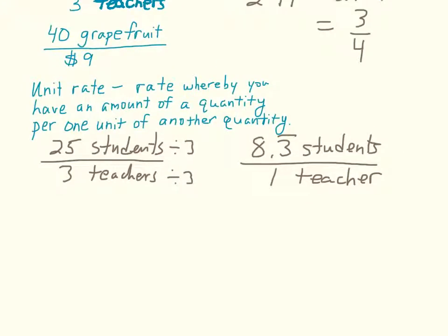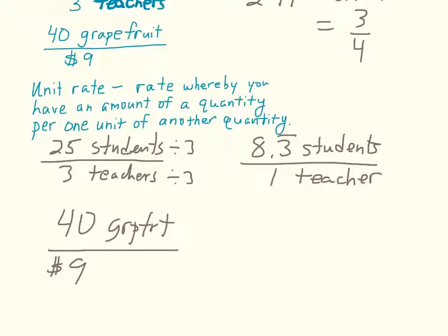So for this second rate I had up here, I can make that into a unit rate by, I have 40 grapefruit and $9. I want to divide by 9, and that will get me the number of grapefruit I'm getting for $1, and that's 40 ninths.